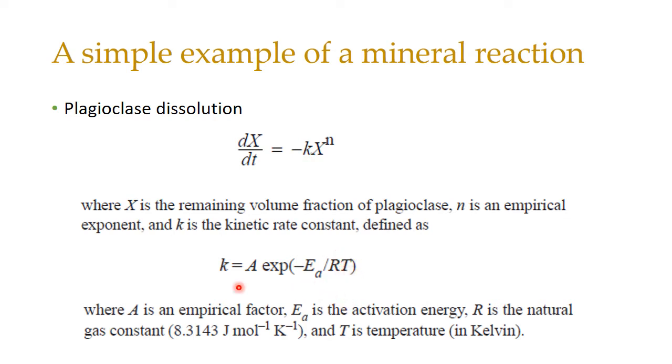It says that the kinetic rate constant is some empirical factor times e to the, and this is the activation energy, R is the natural gas constant, and T is the temperature, and remember, it's always written in Kelvin, because your natural gas constant is also Kelvin. So as the temperature goes up, the rate constant actually also goes up, because this is e to the minus. So you can work that one out.